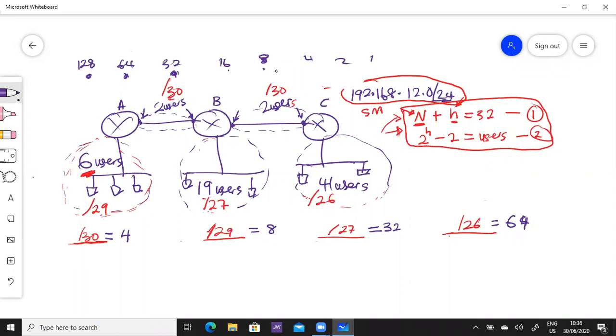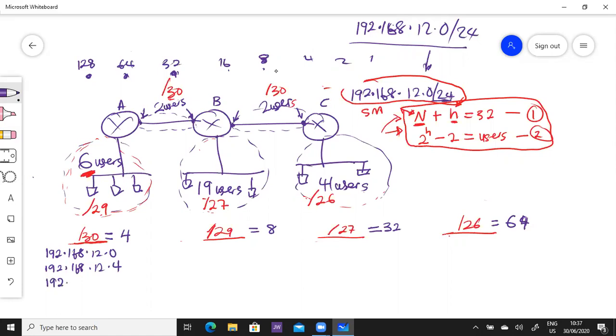So assuming we are using this /30 to subnet this IP, 192.168.12.0, here's our IP here, and we have a block size of 4, so our first valid subnet will be just like the mother, 192.168.12.0. The next subnet will be 192.168.12.4. We are adding the block sizes.